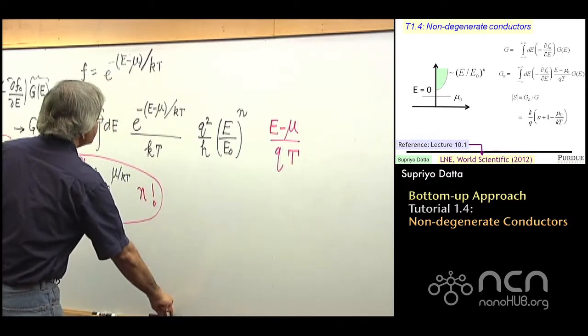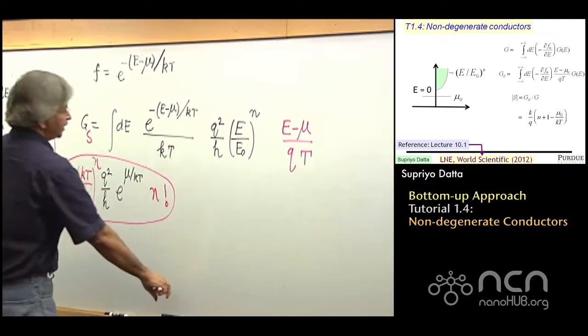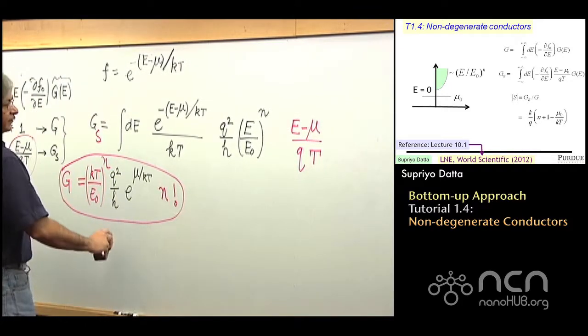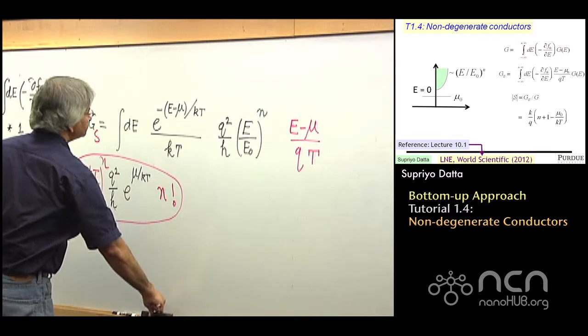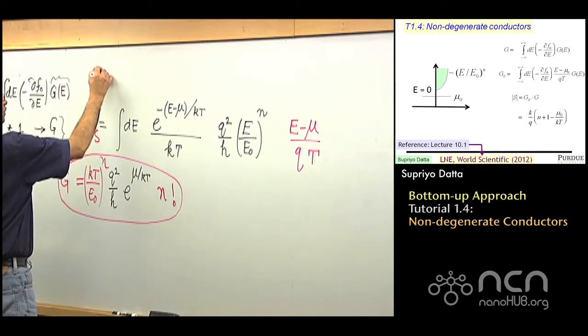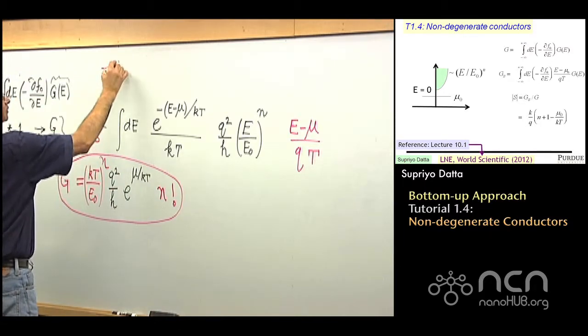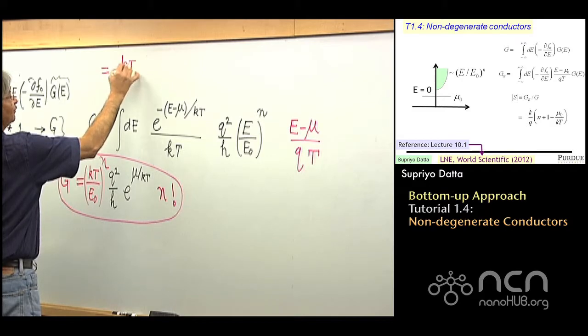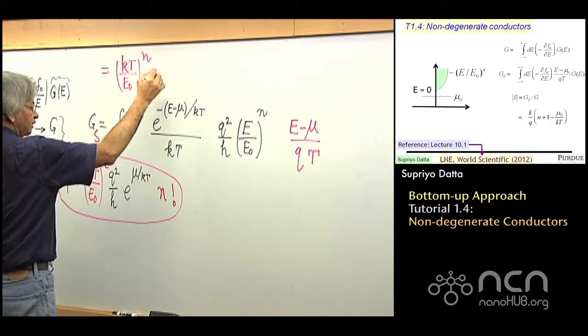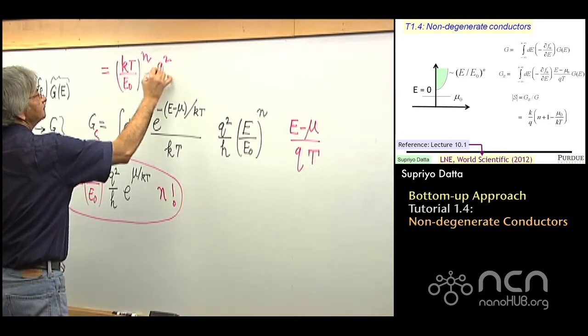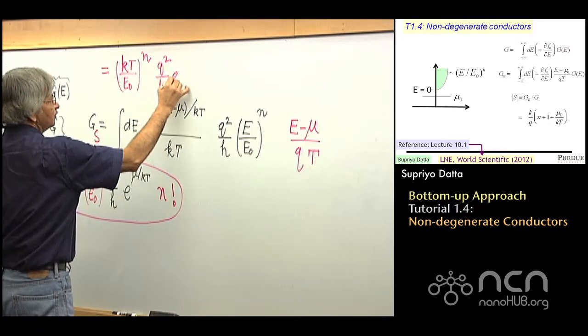Okay. So now when I try to rearrange things, let's pull out all the common stuff. So we can pull out a kT over E0 to the power n like before, and then you'll have a q squared over h, and an e to the power mu over kT.